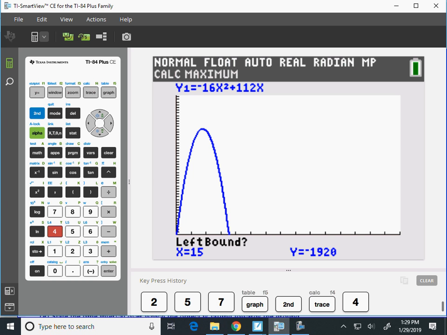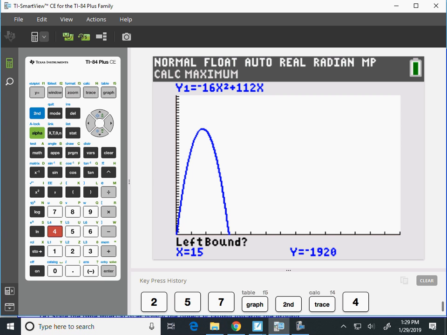I want you to do it right now, because it's going to take me a long time to click through on my calculator. We're going to interpret what the ordered pairs mean. The hardest part is just using the calculator here. The rest of it's not hard.